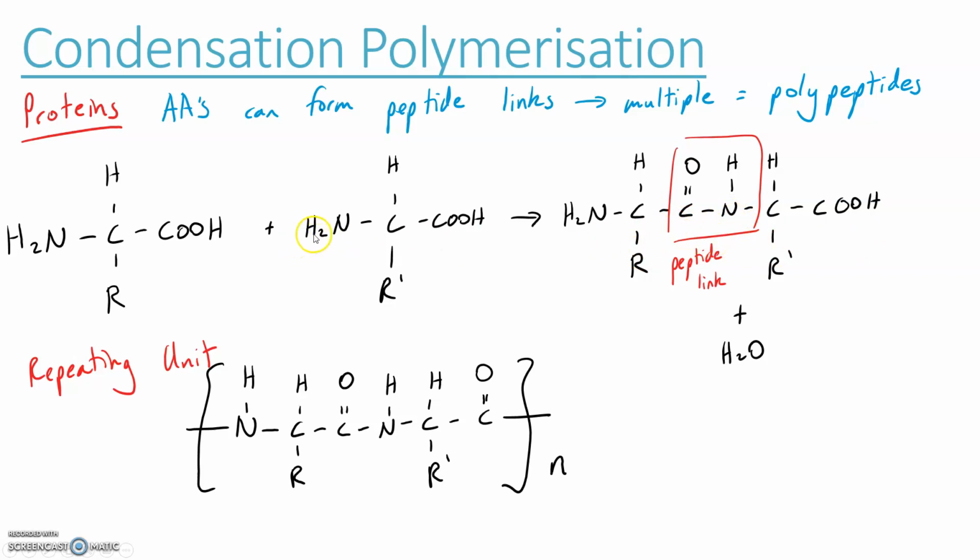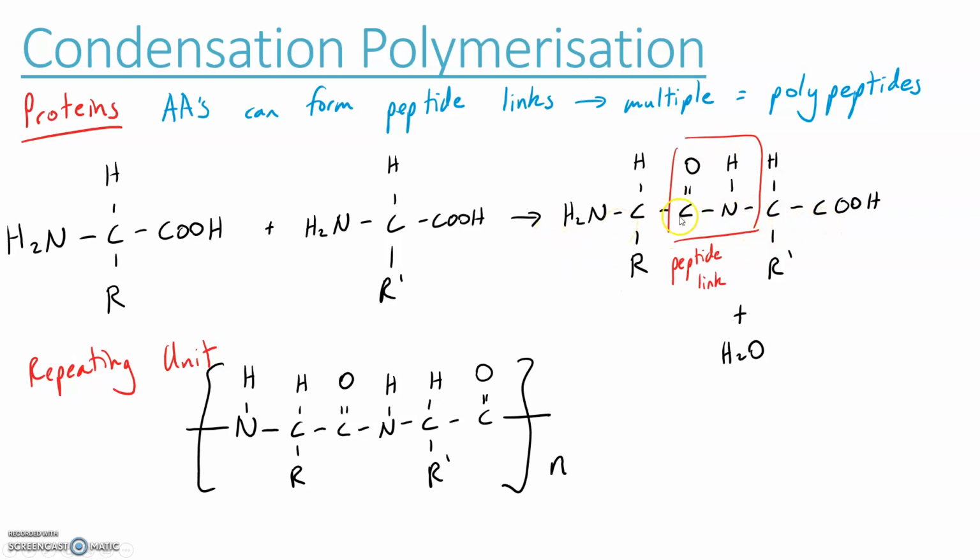So we've removed H2O, so hydrogen from here and an OH from the carboxylic acid group. And we've formed our amide link between the nitrogen and the carbon. So it's the CONH link there, the peptide link or amide link. And the rest of the molecule is shown on the left and on the right.